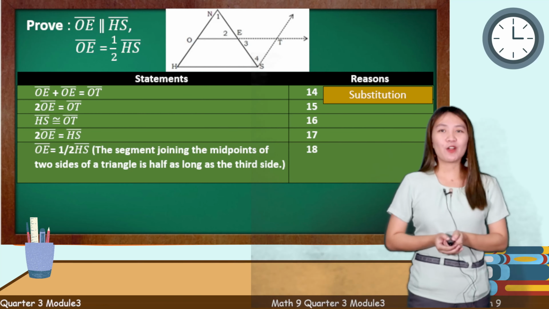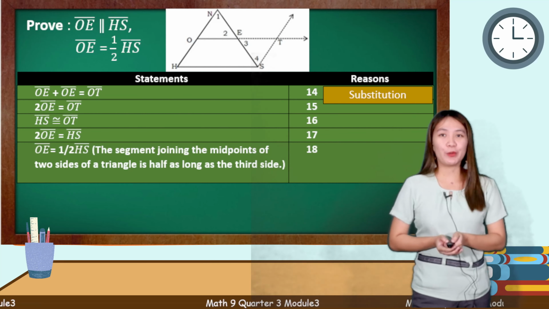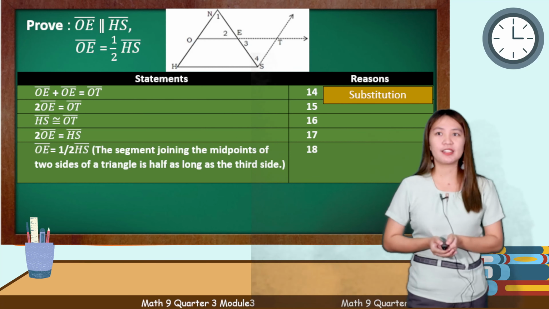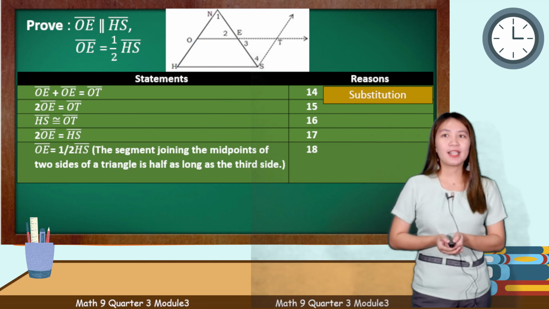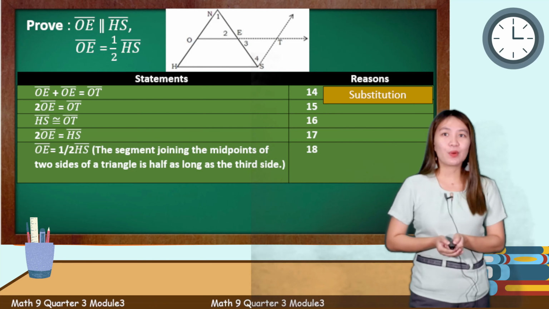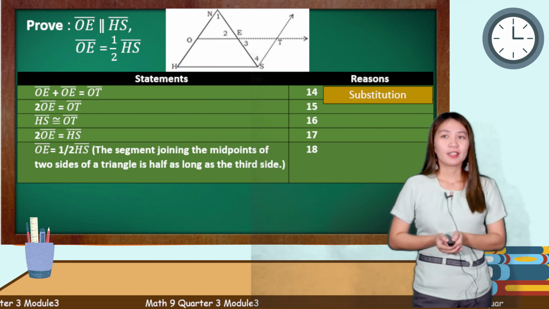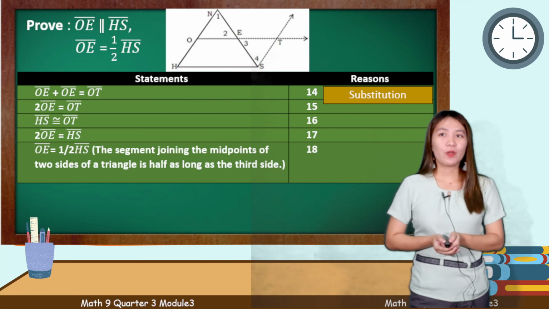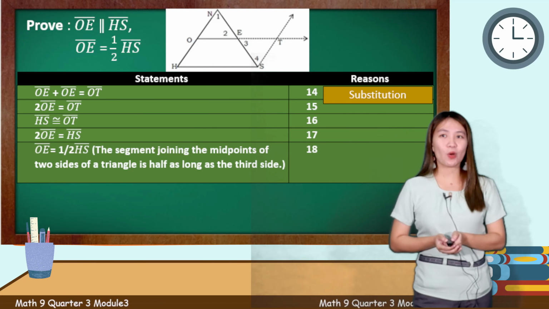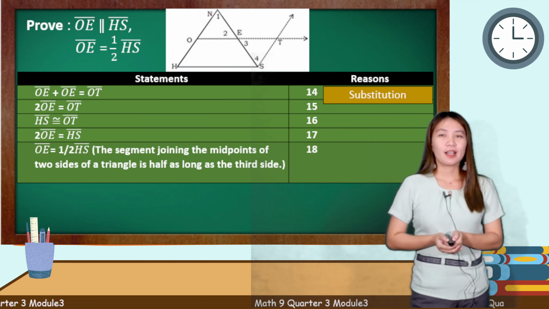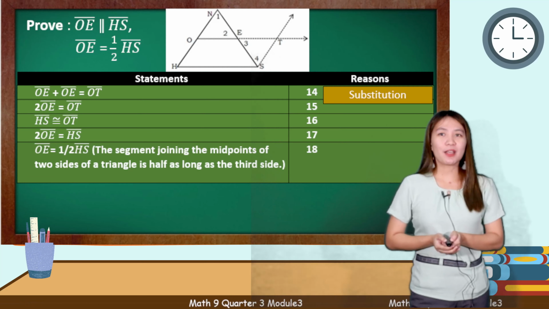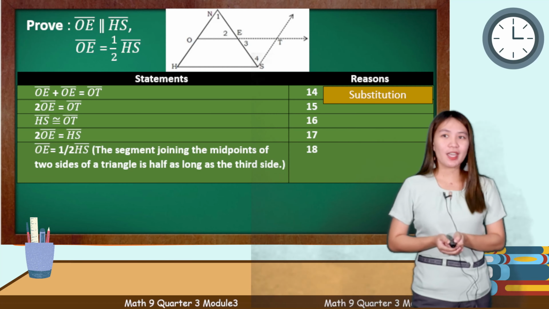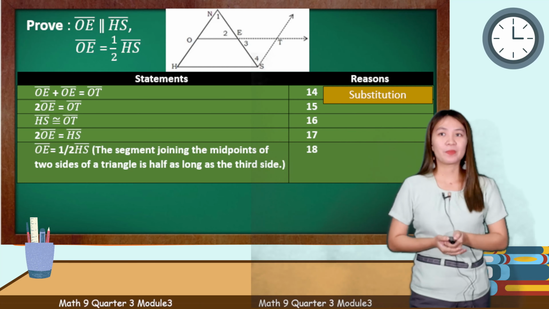Because based from our statement at statement number 13, it is said there that segment OE plus segment ET is equal to segment OT. So if we will substitute segment ET by segment OE, that is just the same.